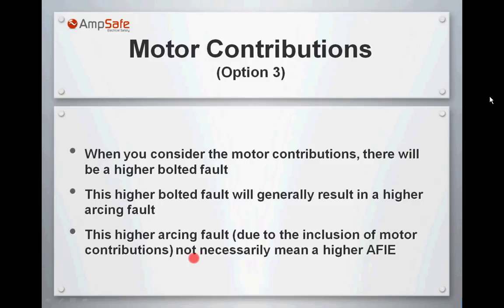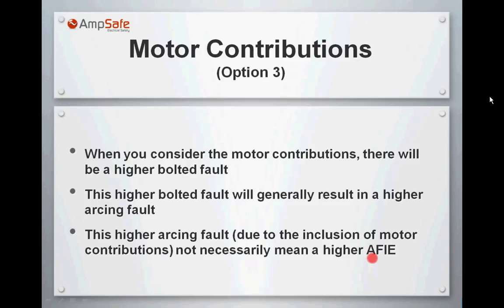Even if you have higher arcing current because of additional motor contribution, that does not necessarily mean that you have a higher ArcFlash incident energy. It could be lower or it could be higher, and you really do not know until you perform the study. Okay?